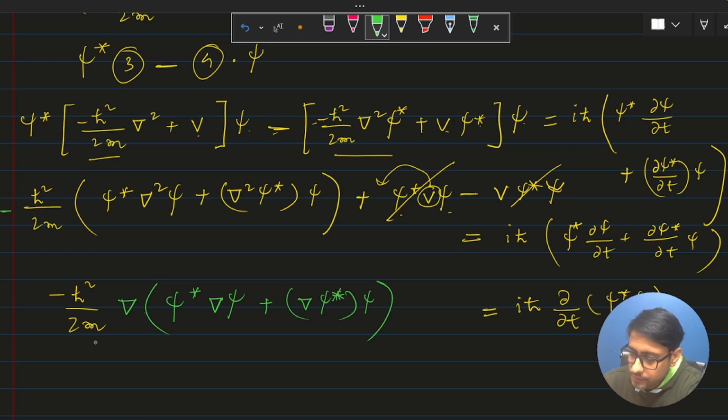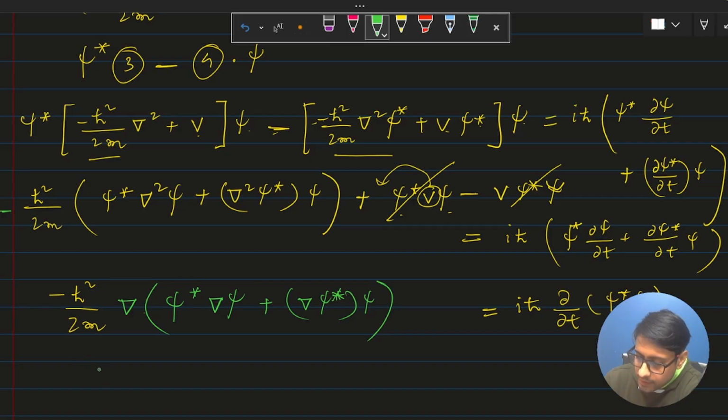Now you can see this is looking like the equation of continuity, which is written as del rho over del t plus... Let's first take everything to one side.